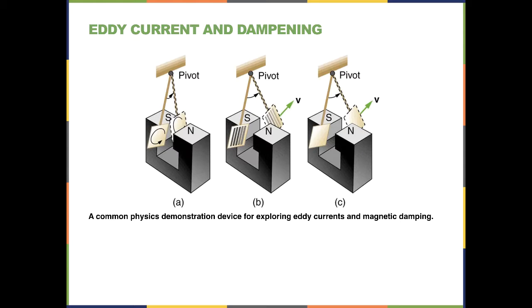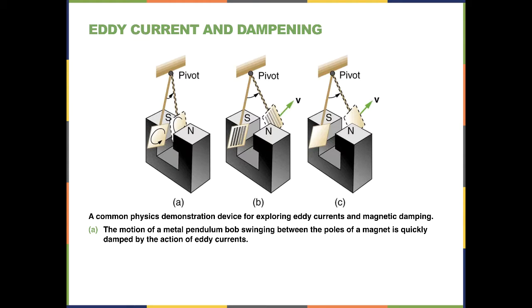What you have here is 3 different situations. The first is a solid metal conductor swinging through this magnetic field, and the motion of this magnetic plumb bob is quickly dampened by the eddy currents inside this metallic substance.